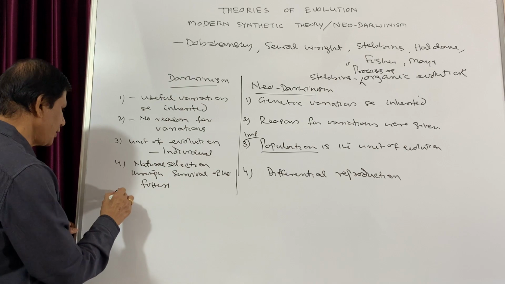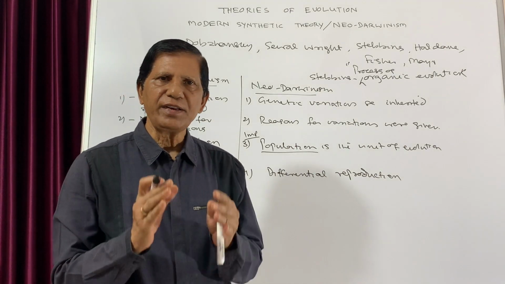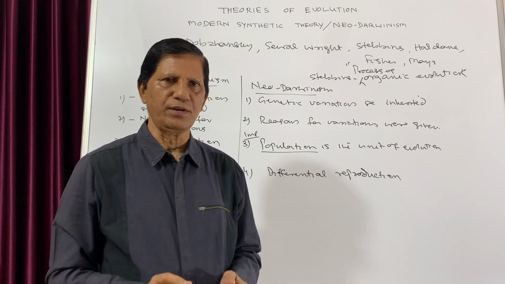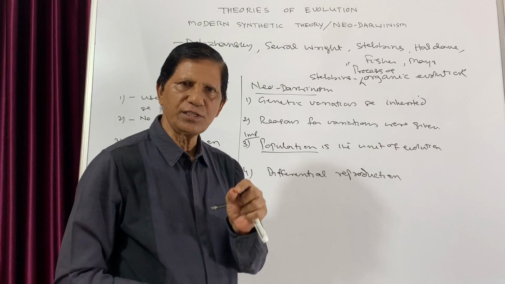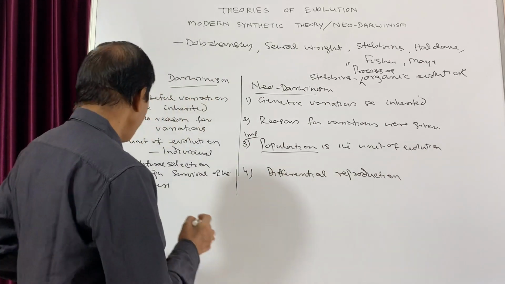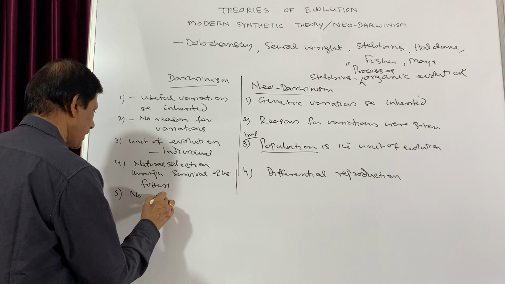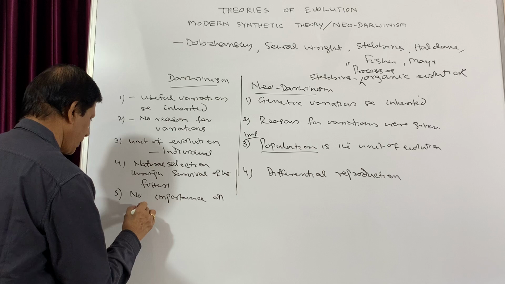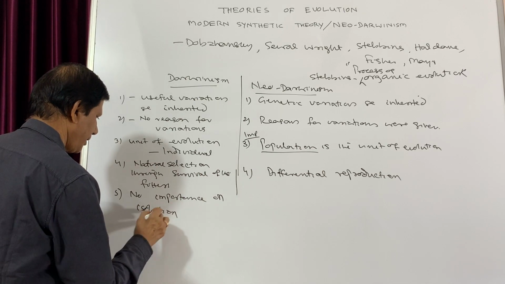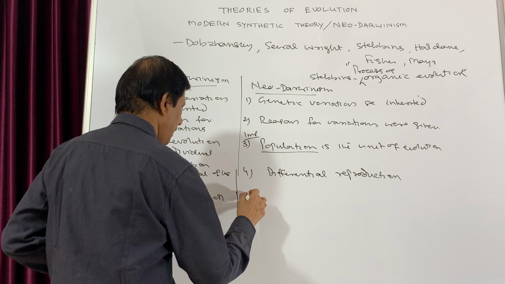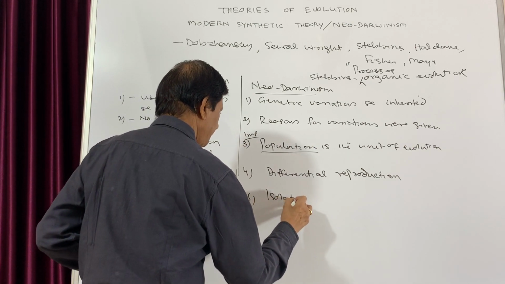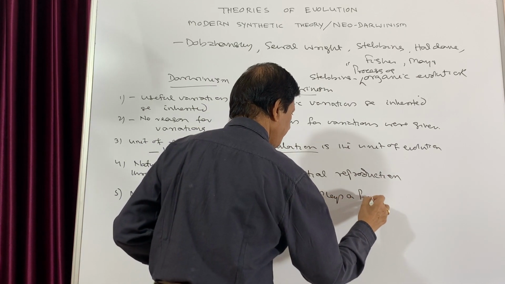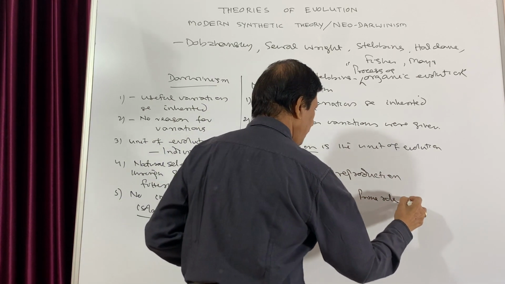Now, another difference is that Darwin didn't give any importance to isolation, which is a major cause of evolution. But in Neo-Darwinism, isolation plays a very prime role in evolution.